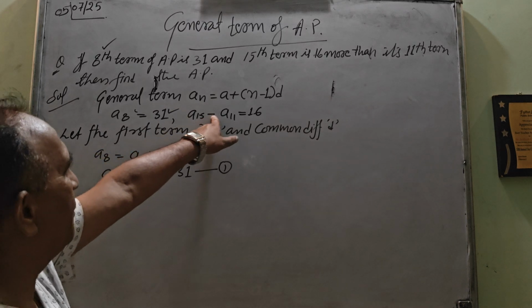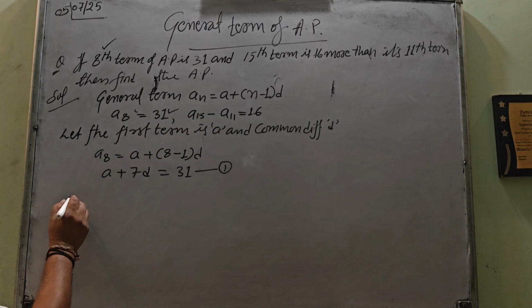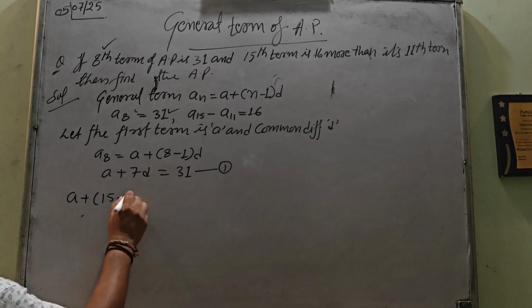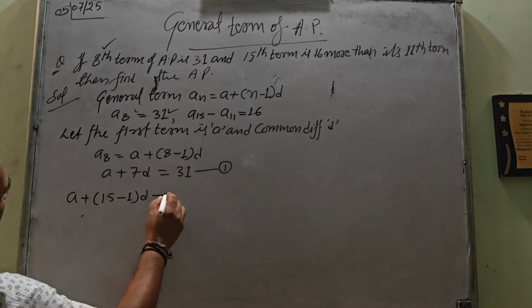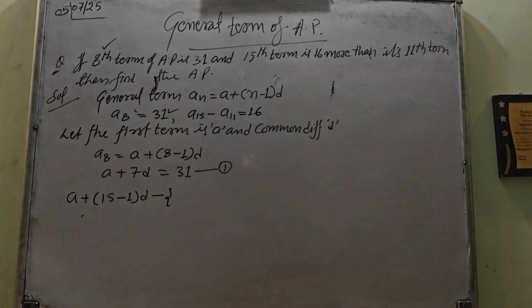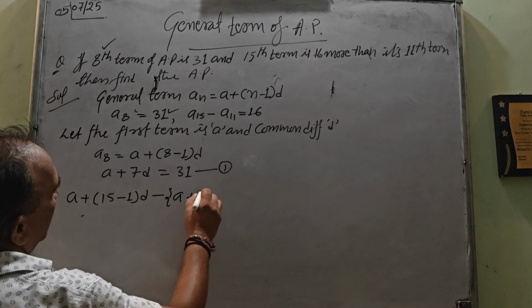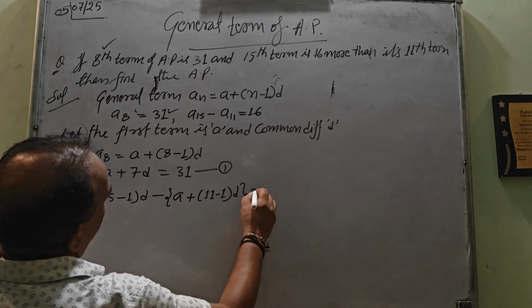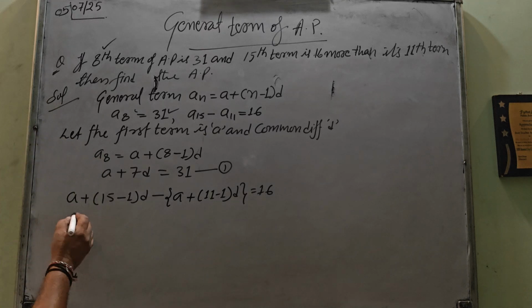Now come to the second, a15. a15 means A plus 15 minus 1 into D, minus a11. We put it in brackets: A plus 11 minus 1 into D, is equal to 16. So simple.